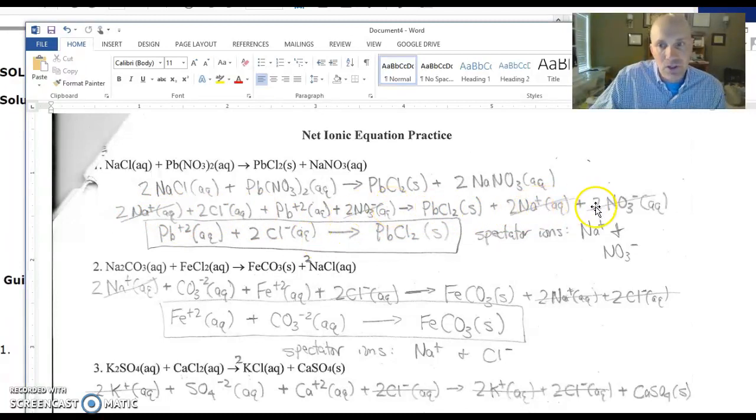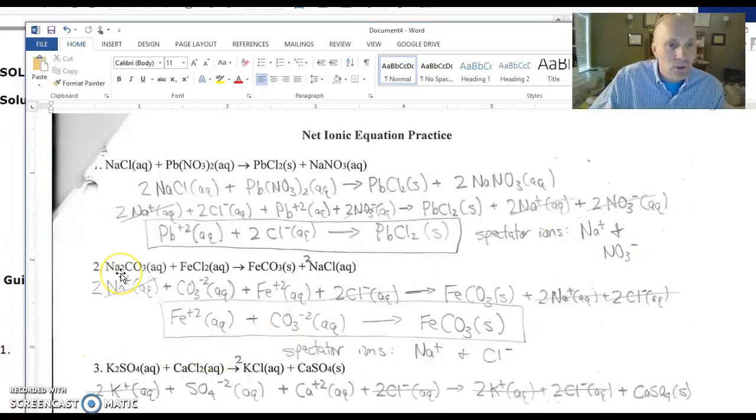Also, there are 2 nitrate ions. I can cross those out, and let's just bring down what doesn't change. We have a lead ion, which is dissolved, plus 2 chloride ions, which are dissolved to make solid lead chloride. It's important to note that the spectator ions would be sodium and nitrate.